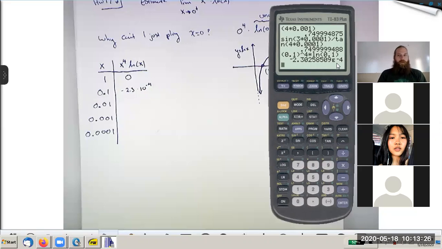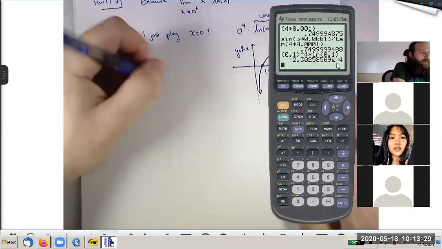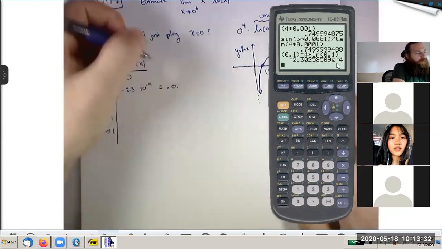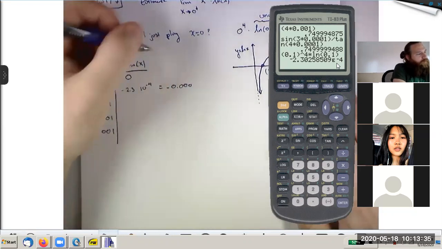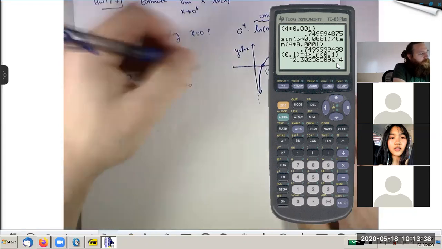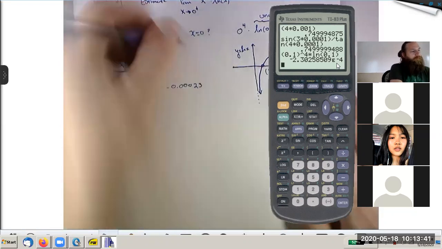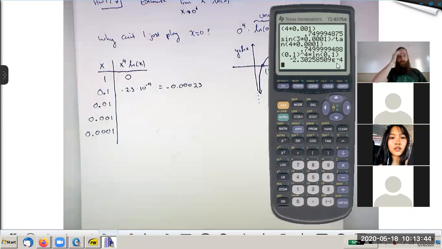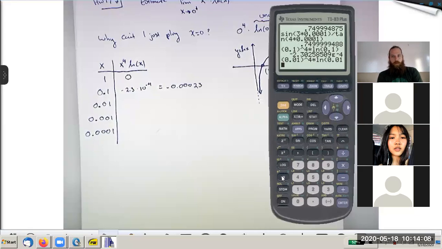If I wanted to write this out in full decimal terms, this would be negative 0.000023. If I look at x being 0.01, so I'll type here 0.01 raised to the 4 times the natural log of 0.01.